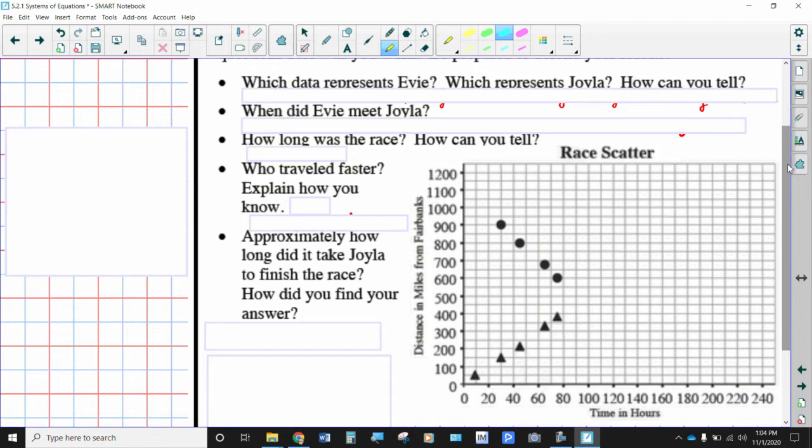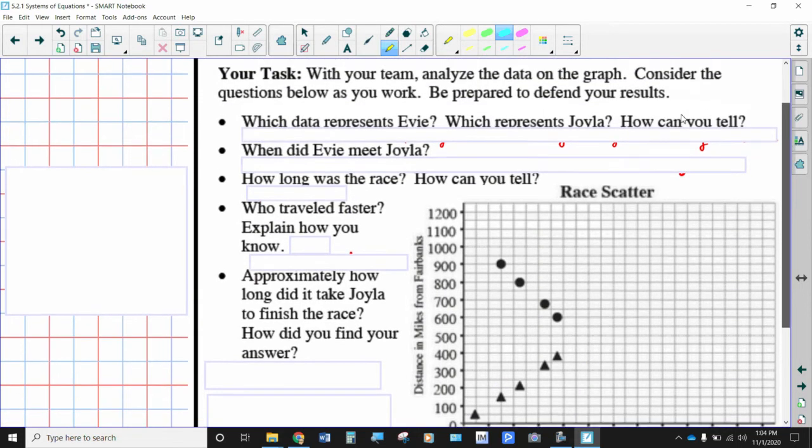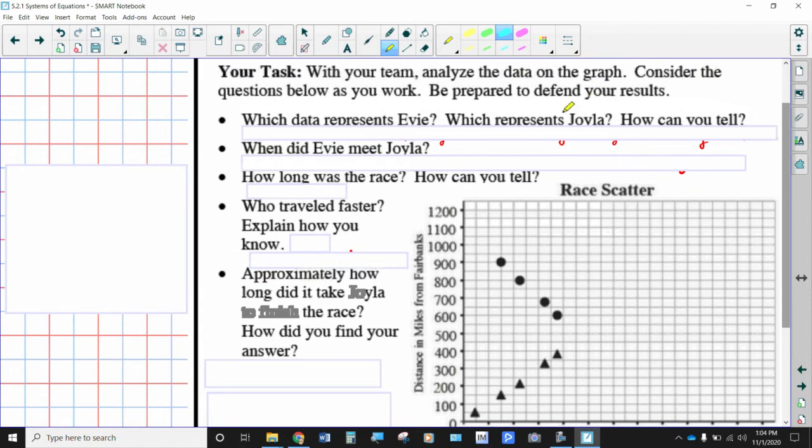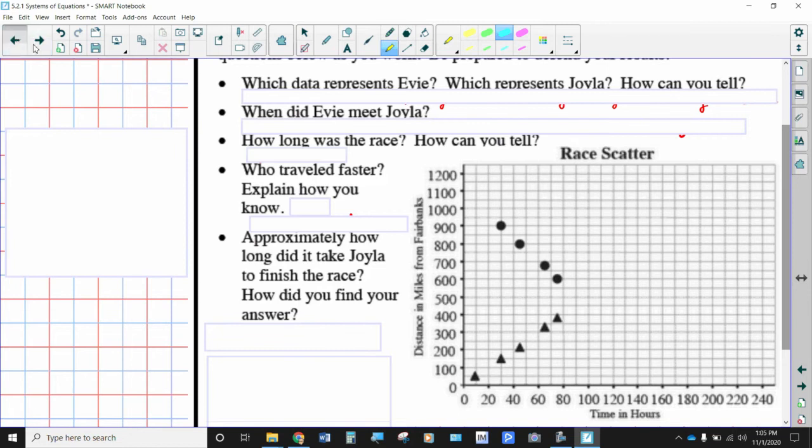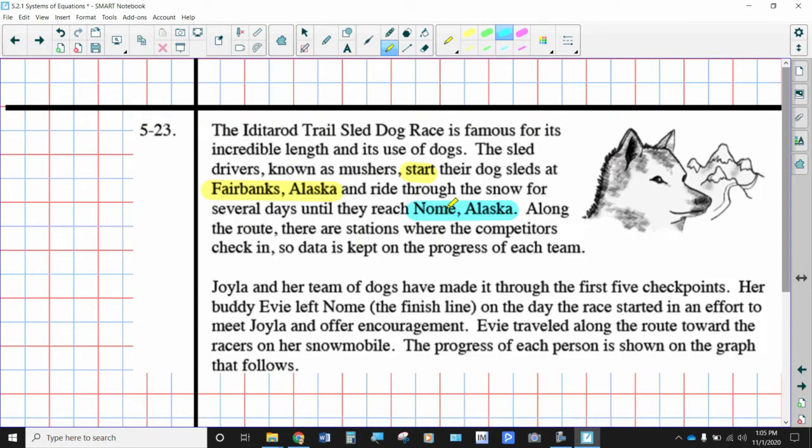So taking a look at this, it says with your team analyze the data on the graph. Well, I just want you to take a look at it and see if you can make sense of it. It says which data. So we've got circles and you've got triangles. One of these is supposed to represent Evie, and the other one is supposed to represent Joyla. Can you tell which one is which based on the information that they provided us over here?